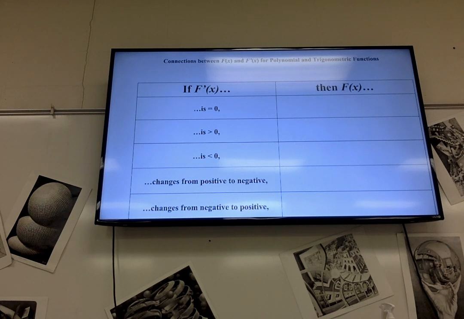If f prime of x is equal to 0, what's going on on the original graph? It's flat. What else did you say, Wynn? Relative maximum. It can be a relative max or min, yes.